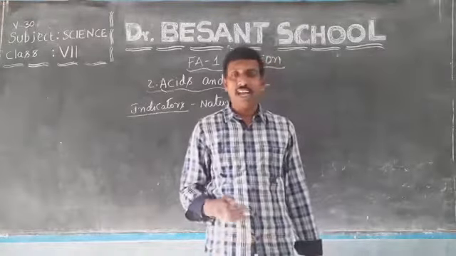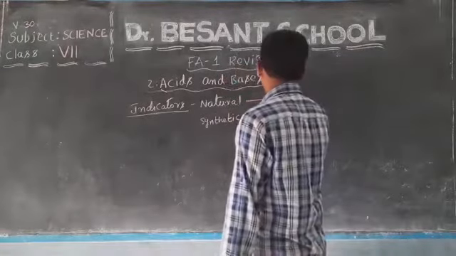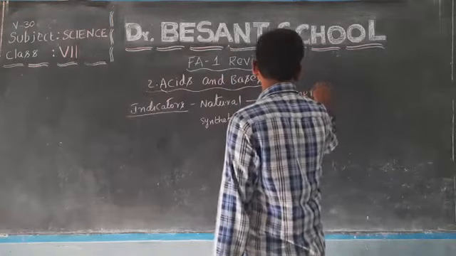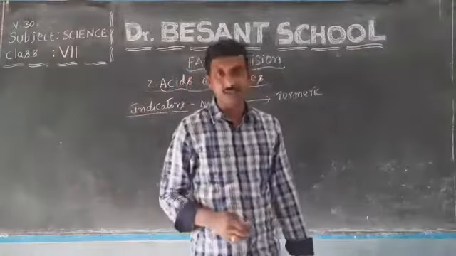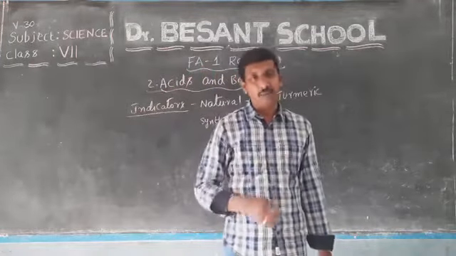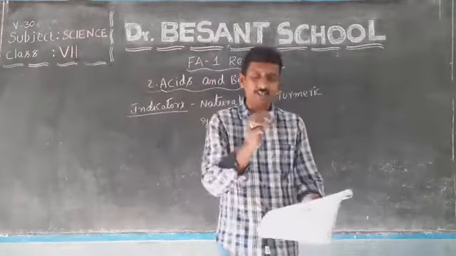Out of these natural ones, the best one we have selected is turmeric, which is readily available in your house. Turmeric paste is applied on paper and cut into strips, and we have turmeric indicator papers ready with us. We have taken different types of substances and tested them.